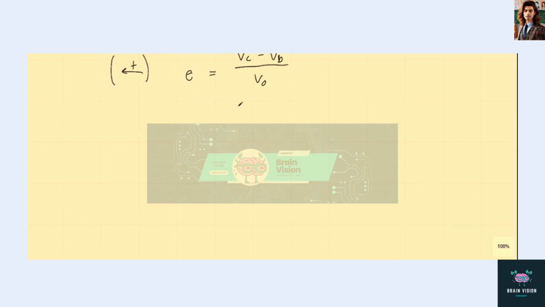And so we can see here that we have two equations with the same unknowns.